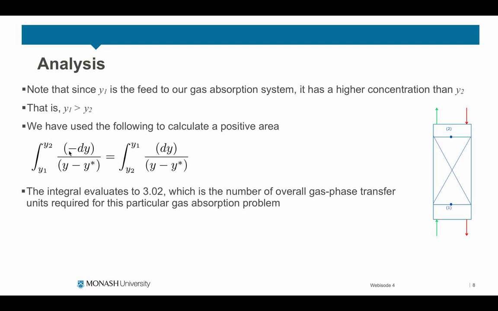Instead of evaluating negative 1 over y minus y star between y1 and y2, where y1 is actually the larger, we've made the larger bound at the top and the smaller bound at the bottom and evaluated it for a positive value here. And that integral evaluates to 3.02, which in this case is the number of overall gas phase transfer units required for that separation.